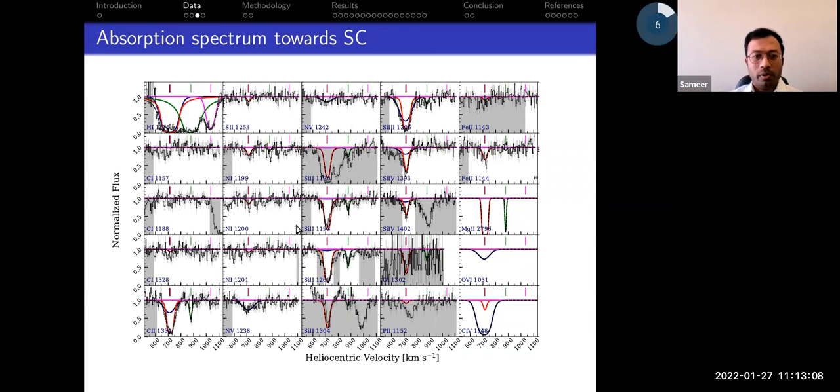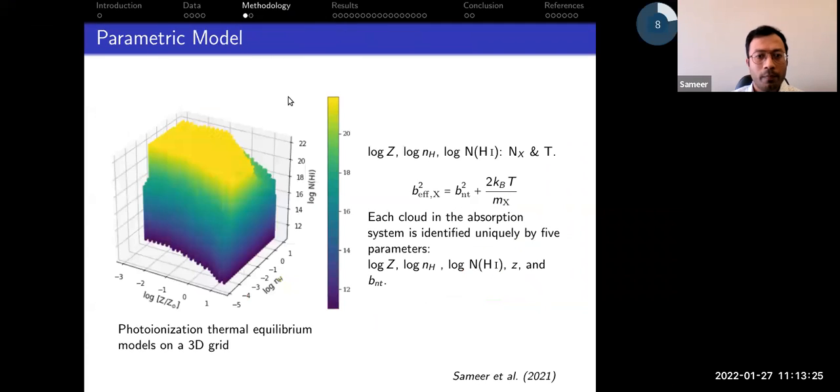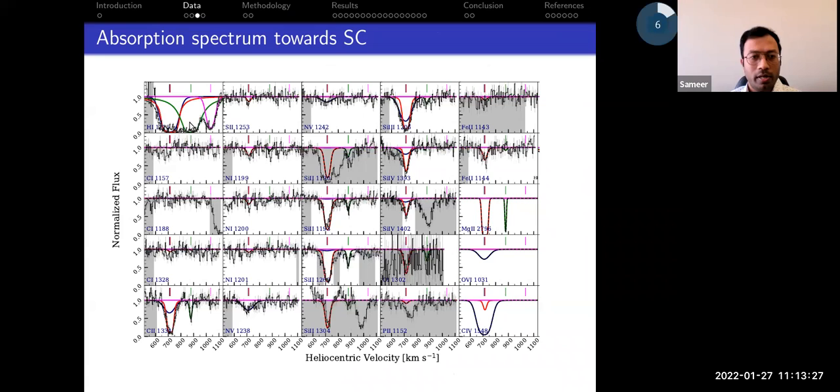So just to give you an idea of how the spectra look towards the sightline, I am showing you this particular spectrum. This is the absorption spectrum towards sightline C. The sightline C is here, close to the Leo ring region, and the signal to noise ratio of these spectra is similar to 10.